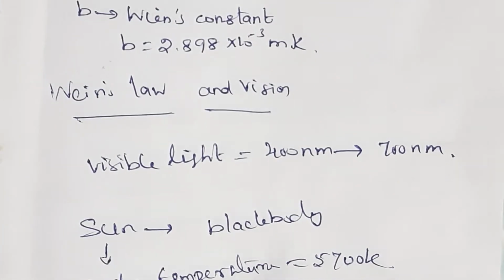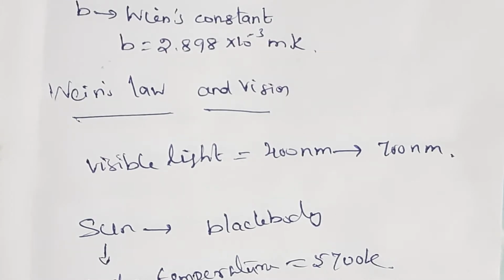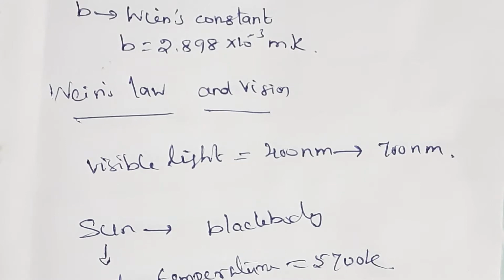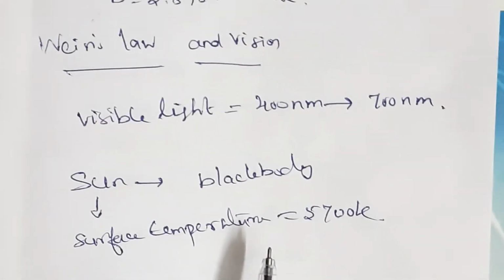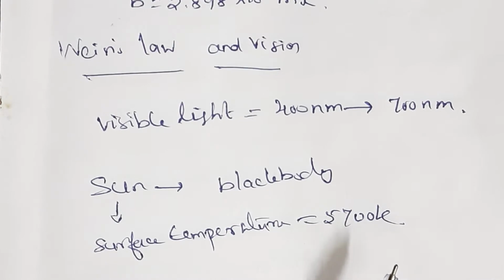Consider the sun. The sun is taken as a black body. It emits all the radiations above 0 Kelvin. Now, the surface temperature of the sun is 5700 Kelvin.